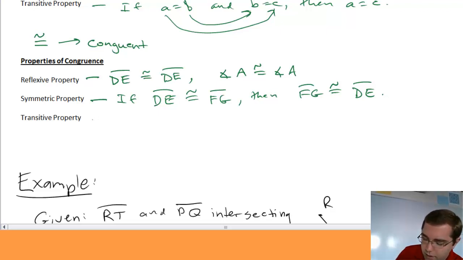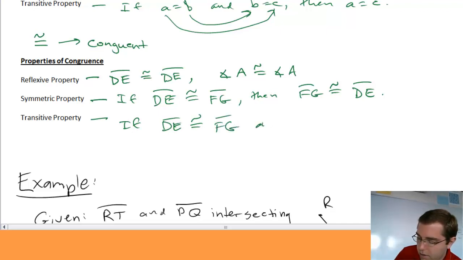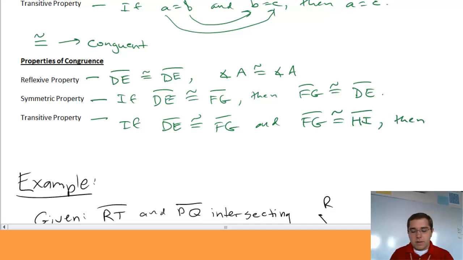And the transitive property of congruence says, for example, if segment DE is congruent to segment FG and segment FG is congruent to segment HI, then we have a chain just like we did with the transitive property of equality.